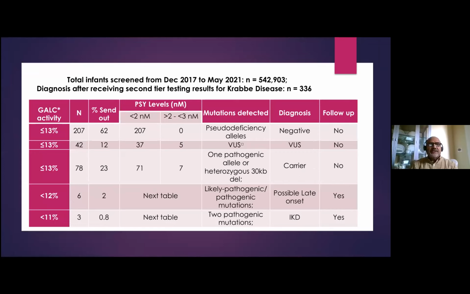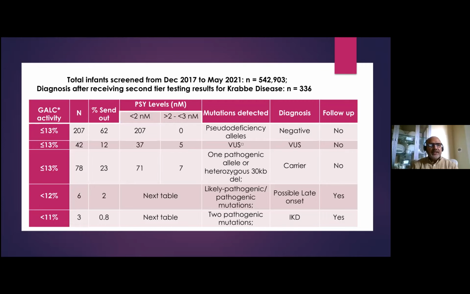This is the summary of the data we have. So far, we screened 542,903 specimens, and out of that, 336 screened as GAL-C positive. These were sent out for second-tier testing, and in our state we send all specimens for sequencing analysis.